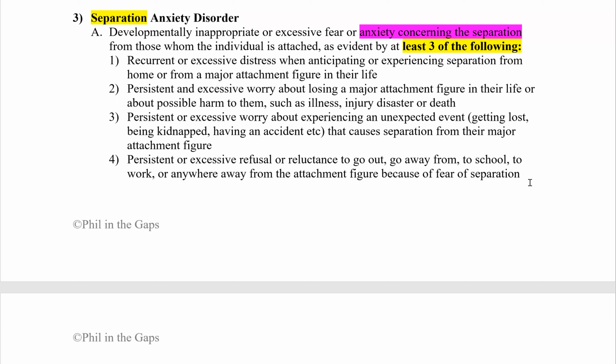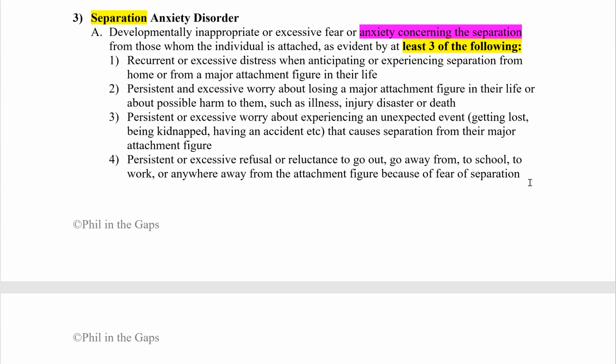Persistent or excessive worry about experiencing an unexpected event, them getting lost, them being kidnapped, them having an accident that causes separation from their major attachment figure. So it's not just worry about something happening to their attachment figure, but it could be them being worried about something happening to them, which would subsequently separate them from that attachment figure.